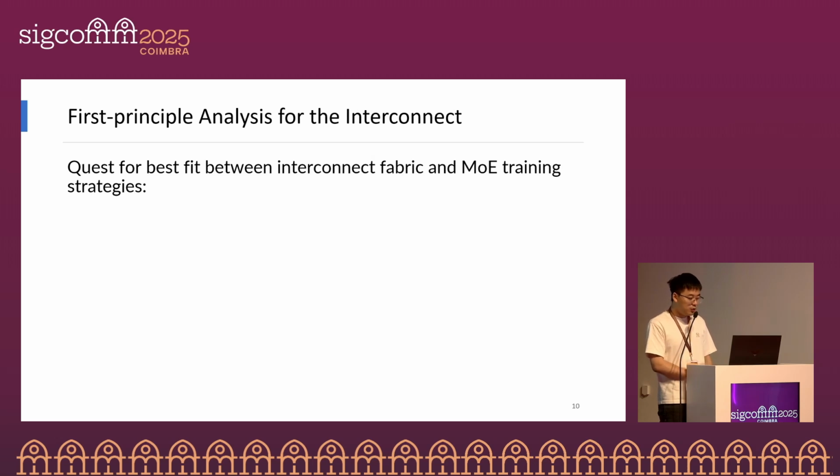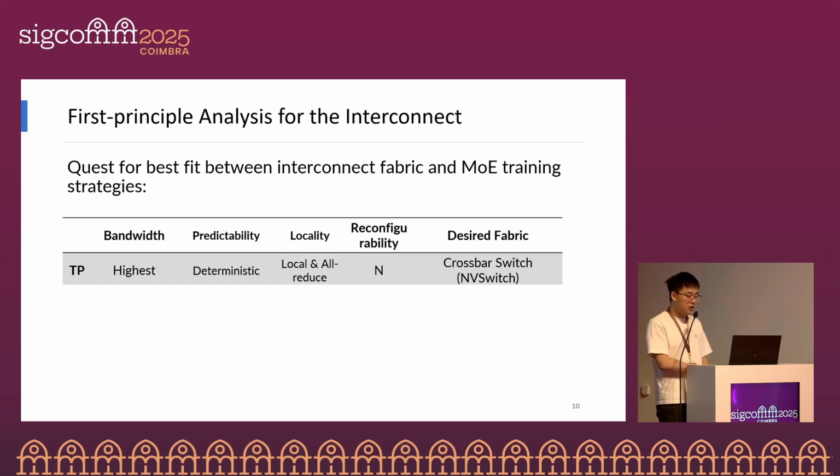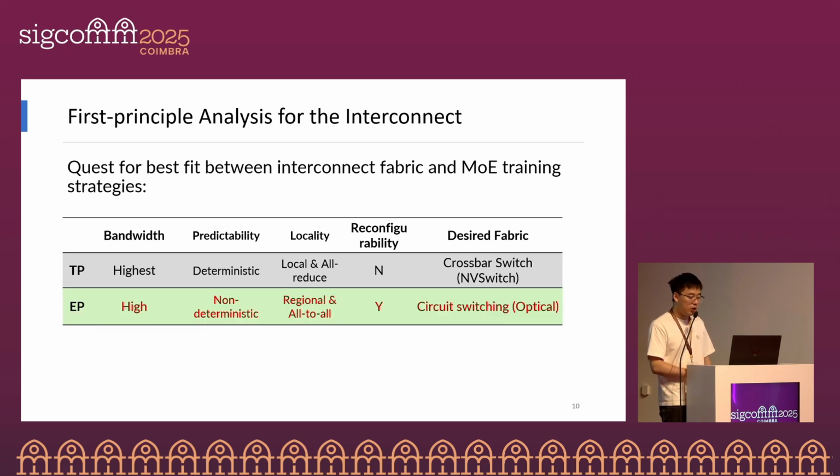To answer this, we first conduct a first-principles analysis based on the previous measurements. First, we find that each parallelism has distinct properties and requirements on the network fabric. For example, for TP, its volume is the most intensive, but it has the smallest scale because it's localized, so the commodity crossbar NVSwitch is a good fit.